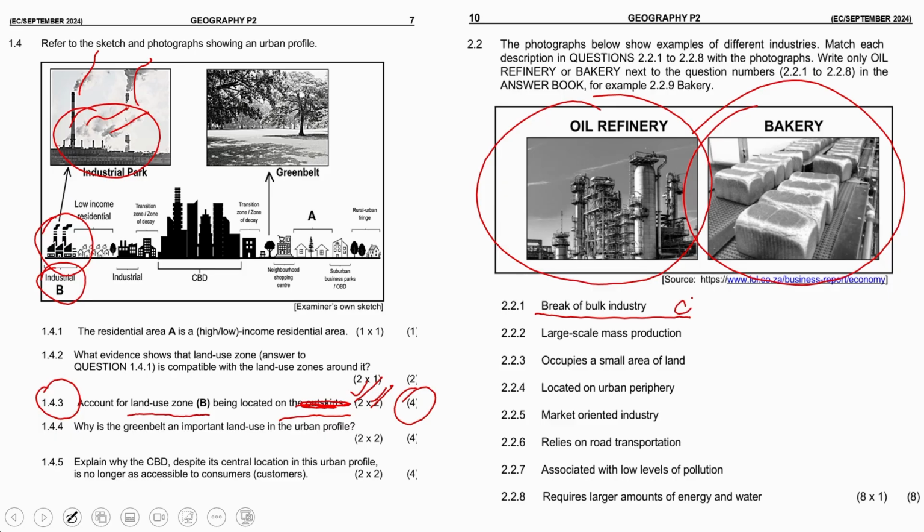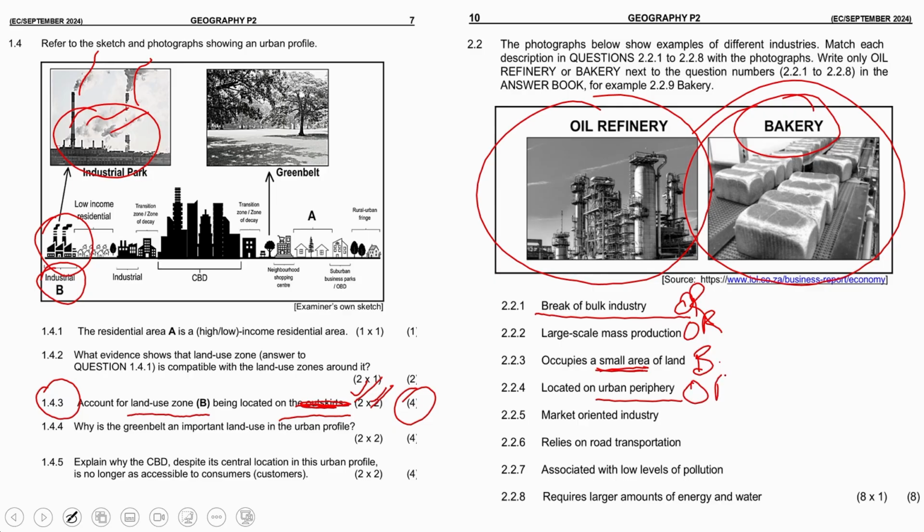So that is obviously the oil refinery. Large scale mass production, heavy industry, that is the oil refinery. Occupies a small area of land, very small area of land. That's a light industry. So that's a bakery. Located on the urban periphery, on the outskirts, rural-urban fringe, rural areas, large land, flat land, cheap land.